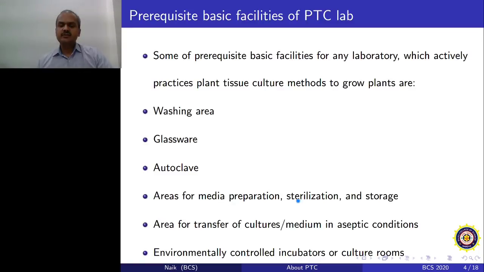Again, for the areas for media preparation, sterilization and storage, even in a small lab where you have an autoclave on one side, on one bench you have a microwave oven, on another bench a hot air oven, and a few other equipments like a digital pH meter and stirrer, in between whatever area you have, which we generally use for say titration or observations under a microscope, that area is also enough for media preparation.